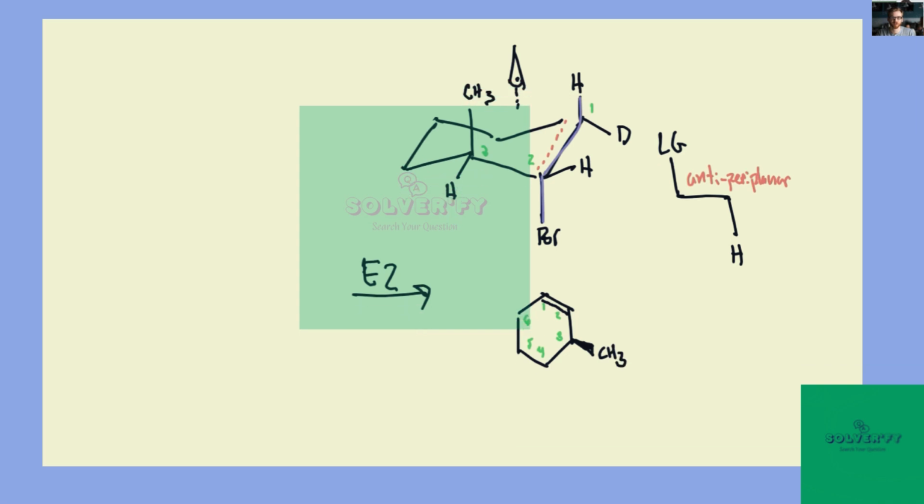Do any of the shown examples match this? Oh, and also there's a deuterium in the plane now on carbon 1. Okay, and if you look, answer A is exactly the same as our molecule, but rotated 60 degrees.